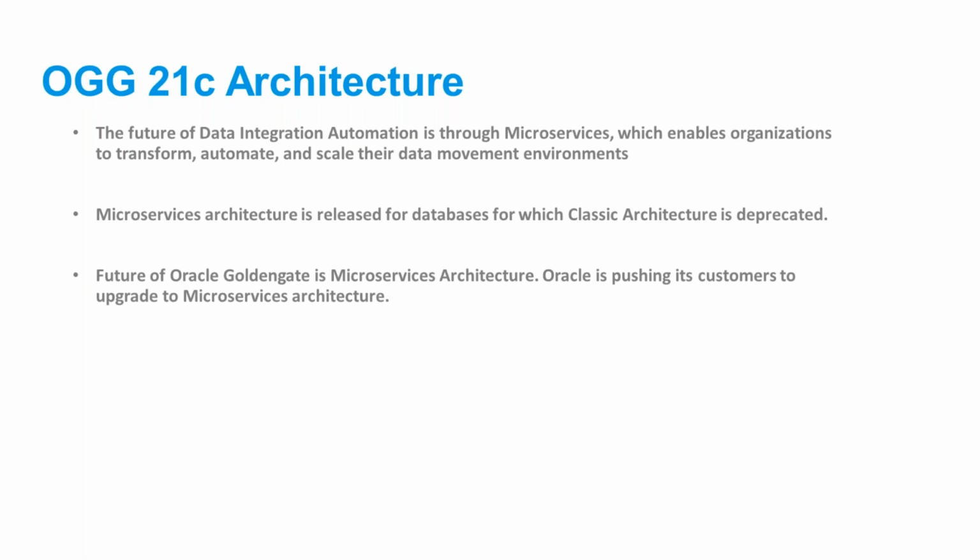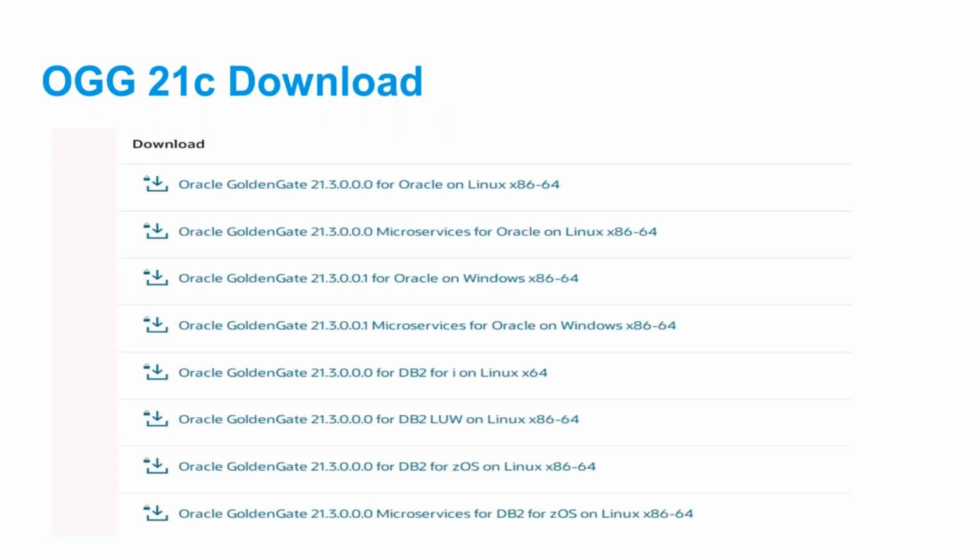Okay, so the future is microservices. That's why it's very important to have knowledge about microservices architecture. When you download Oracle GoldenGate 21c from OTN, you will see two types of binaries. One is for classic and another one is for microservices architecture.